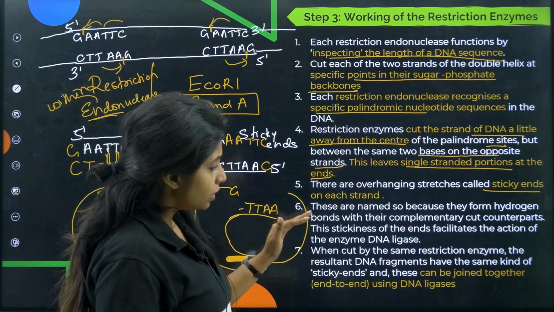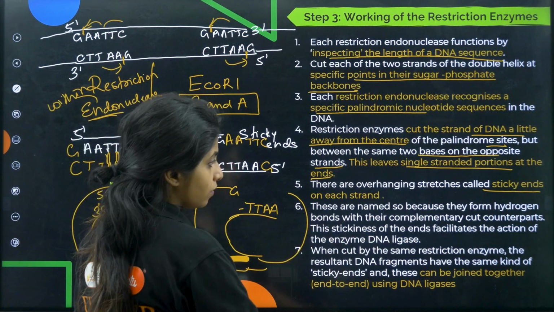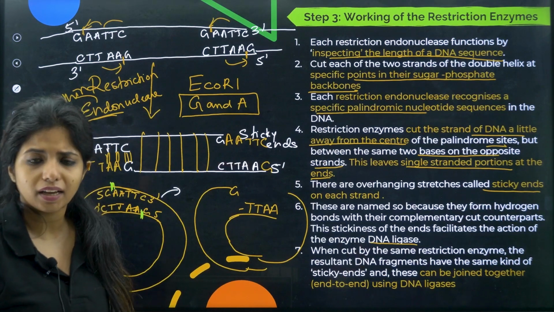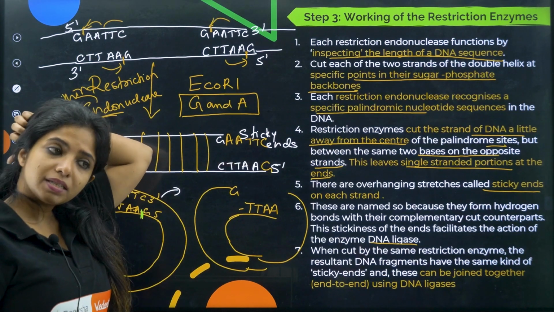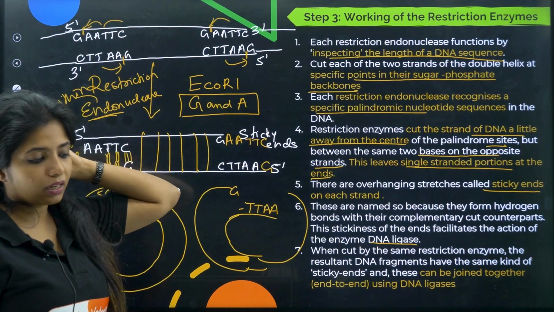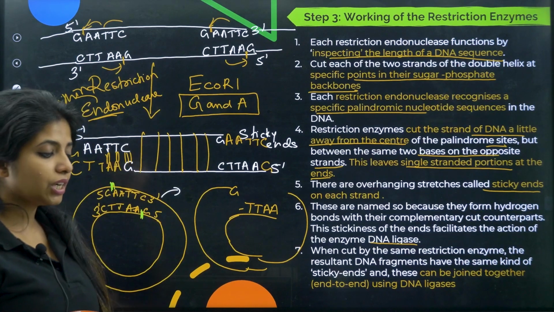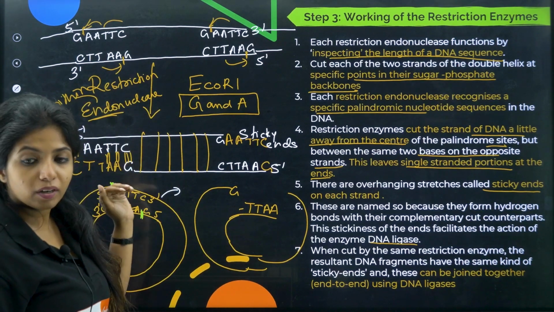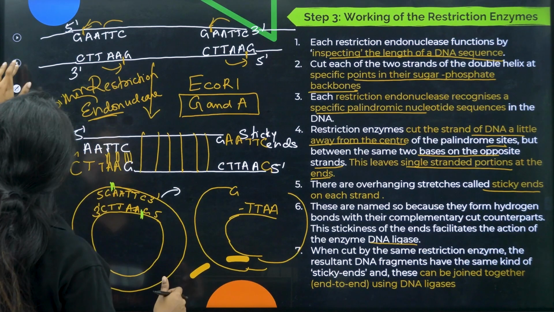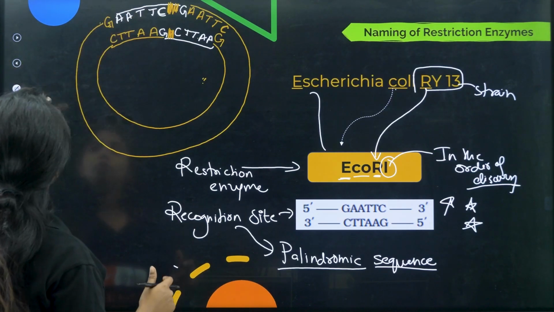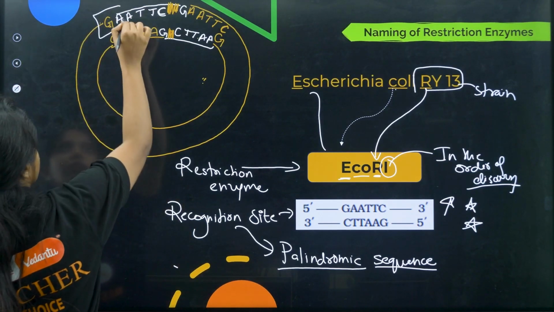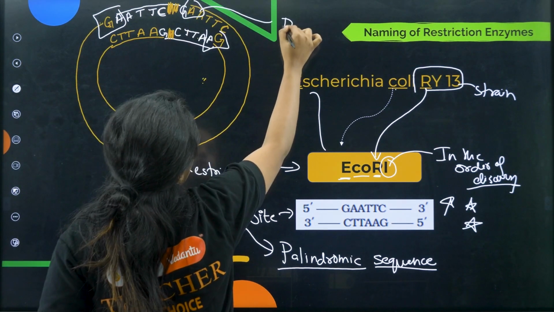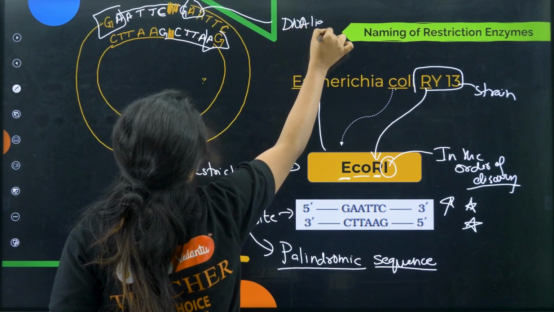Now, this stickiness of the ends facilitates the action of the enzyme DNA ligase. Now comes the entry of the next enzyme, DNA ligase. There is a question that has come up: sticky ends being joined by DNA ligase, and in the NEET exam they said it is wrong. Sticky ends make their own complementary base pairs, but when I have to join two separate strands of DNA, I need another enzyme known as DNA ligase.